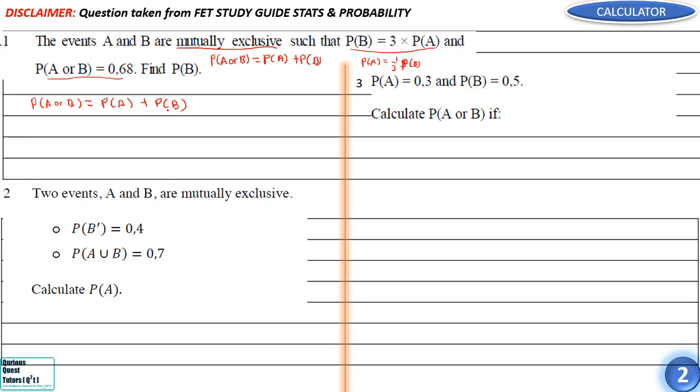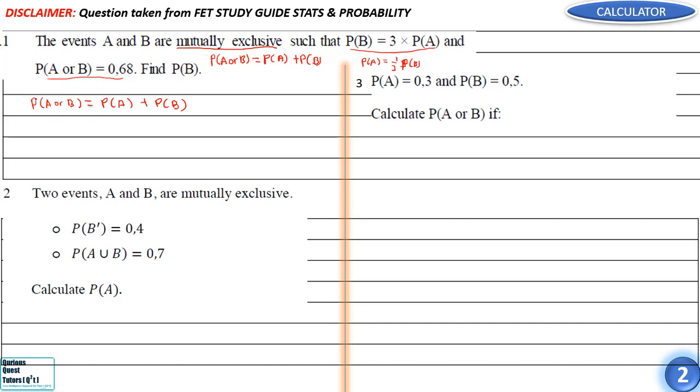It's totally up to you. If you want to replace the probability of B by 3 times the probability of A, find the probability of A, and then multiply it by 3 to get the probability of B, that is fine. I would go with that route just for neatness, because I'm trying to run away from fractions.